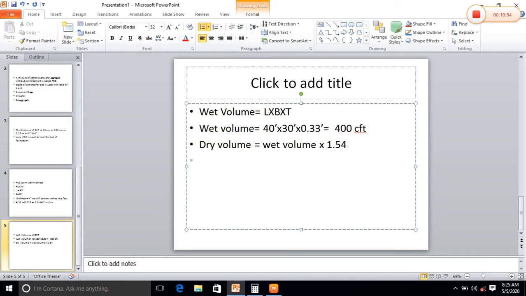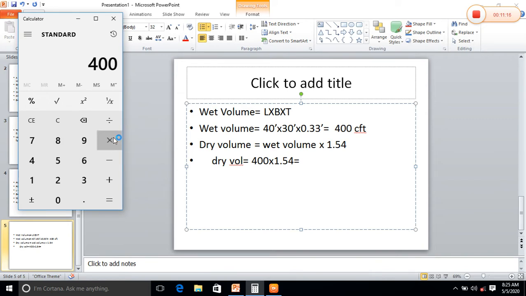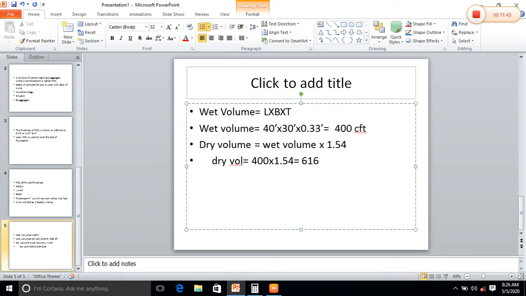Okay, so dry volume is equal to wet volume, 400 cubic feet, multiplied by 1.54. So 616 cubic feet.